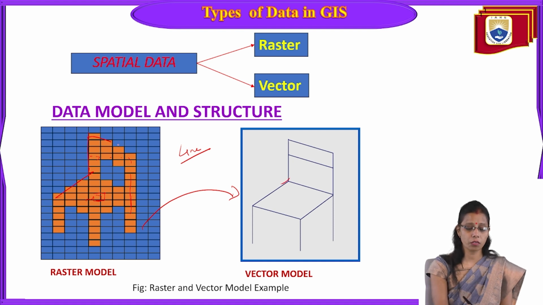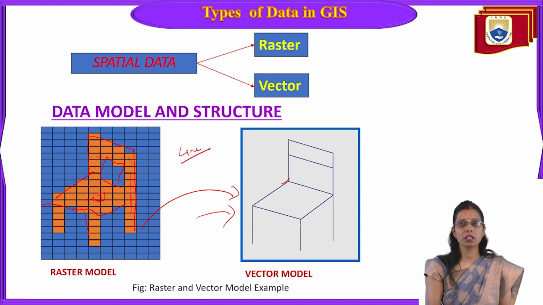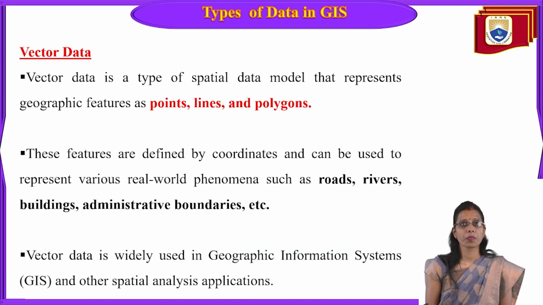If you draw like this over the raster, you will get a vector image. So this entire information is converted into line, and that data is called vector. Displaying the chair in grid format is called raster. Displaying the chair in line feature is called vector.